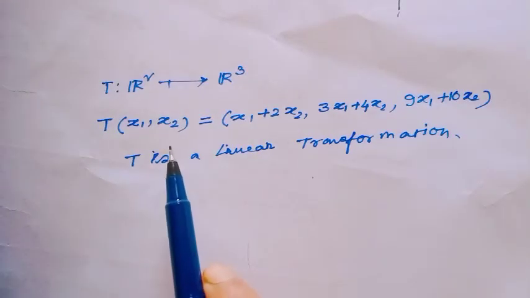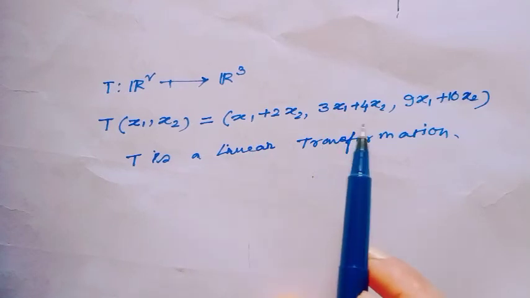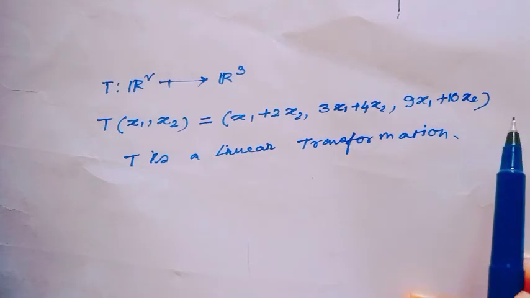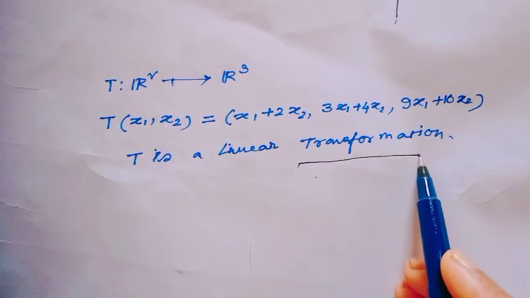Example: T is a mapping from R2 to R3. The mapping is such type: T of x1, x2 equal to x1 plus 2x2, 3x1 plus 4x2, 9x1 plus 10x2. Obviously this is a linear transformation. Check it on your own.